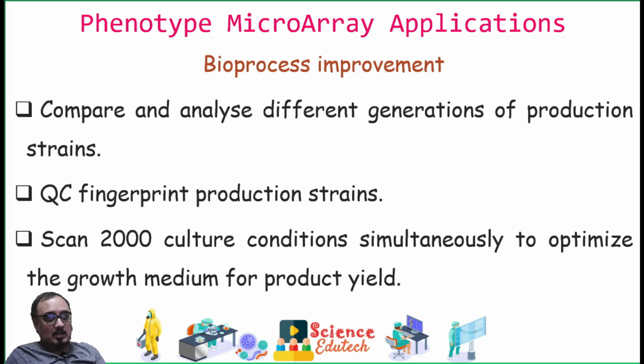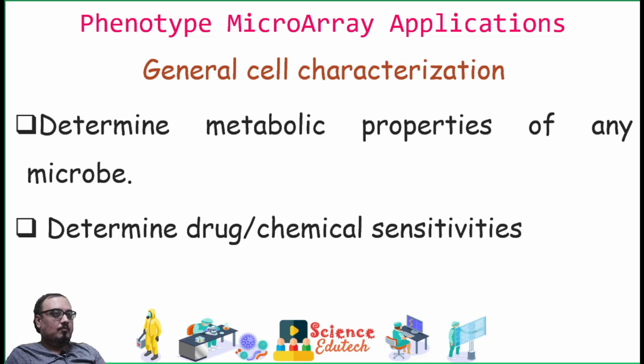So basically, in bioprocess improvement, it can help us to identify the optimal system or optimal medium used in the bioprocess of a compound. And finally, generalized cell characterization: determine metabolic activities of any microbe, or determine drug or chemical sensitivities. Some of the panels can also be used for mammalian cell studies, and can help us as responder assays also.